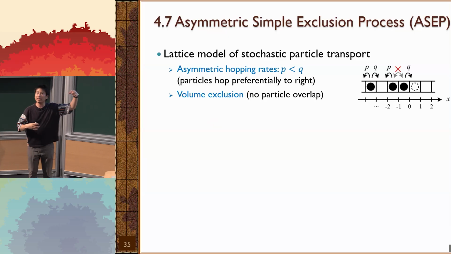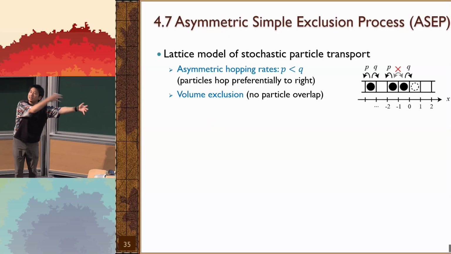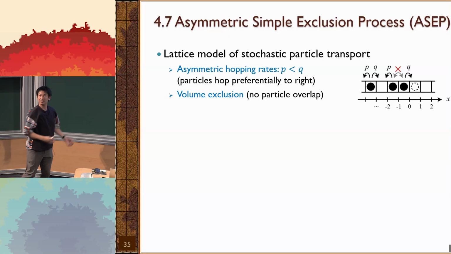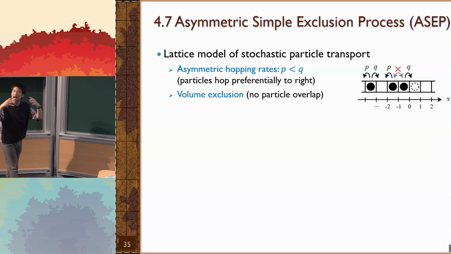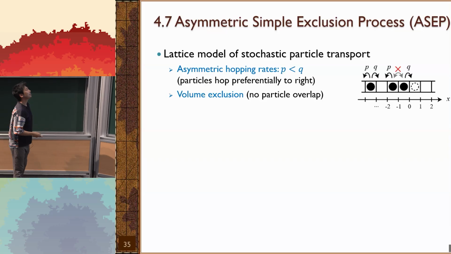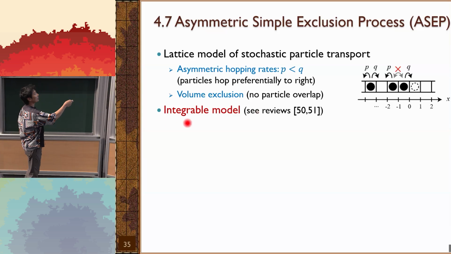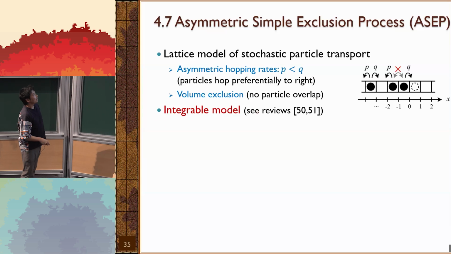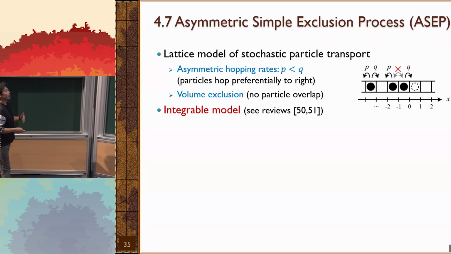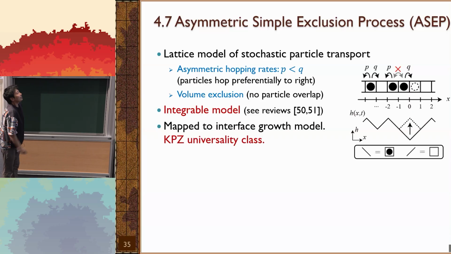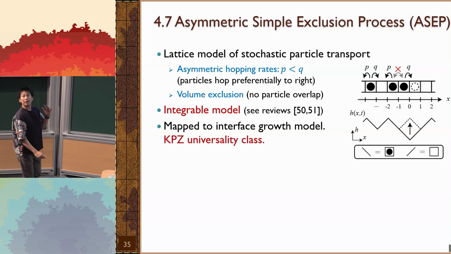So if there is already a particle in your next site, this particle cannot hop. Each site can take only up to one particle. Okay, and then this model is famous as an integrable model. So it's a famous integrable out of equilibrium model. So there are many exact solutions available about this model, and it is actually in the KPZ class.